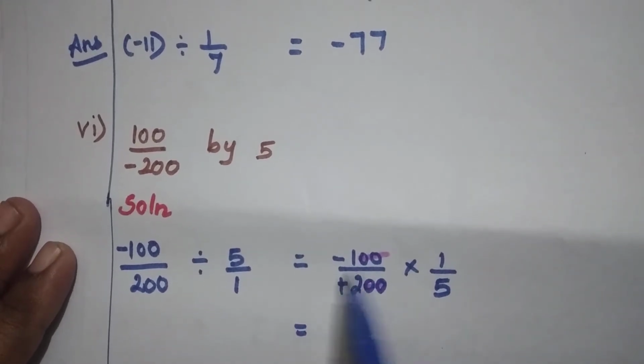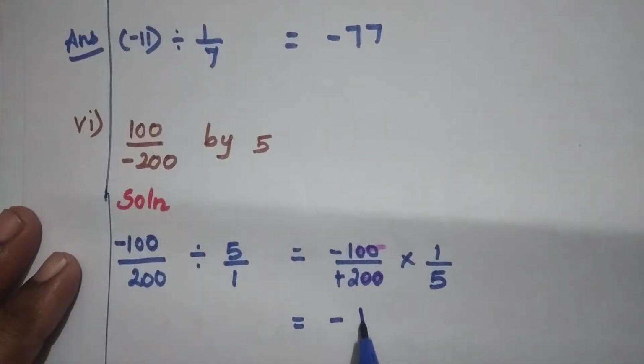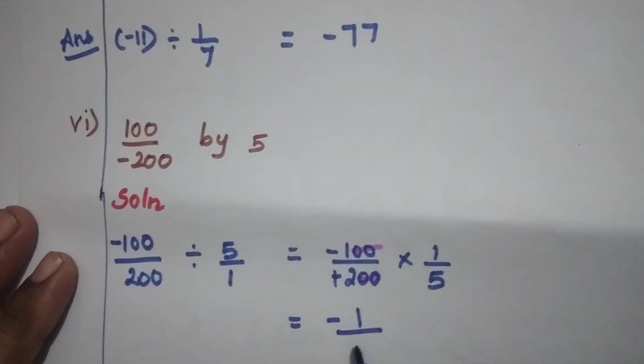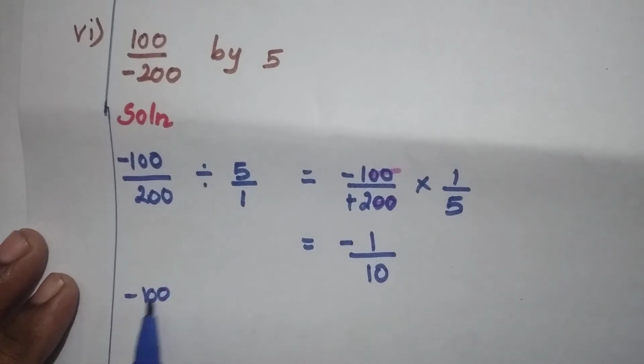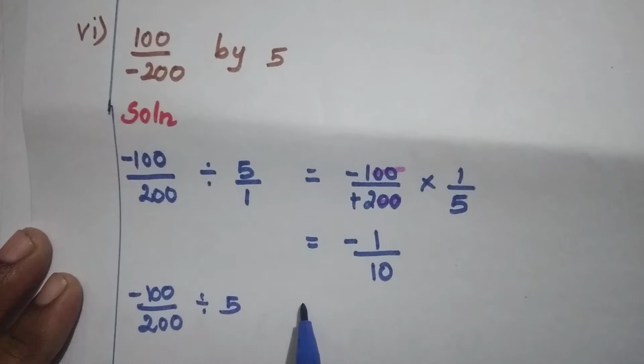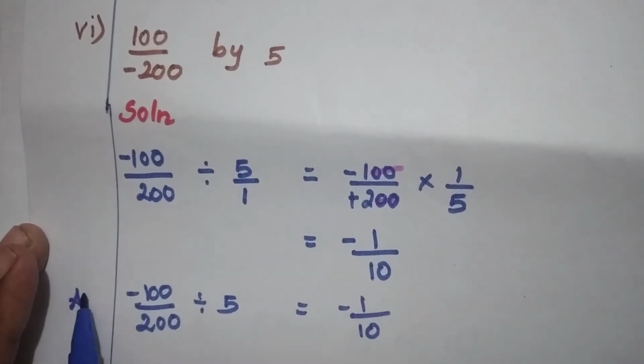Here these two numbers are in different signs, so assign negative to the product. Minus 1 divided by 2 5s are 10. So the answer is minus 100 divided by 200 divided by 5 is equal to minus 1 by 10 is your answer.